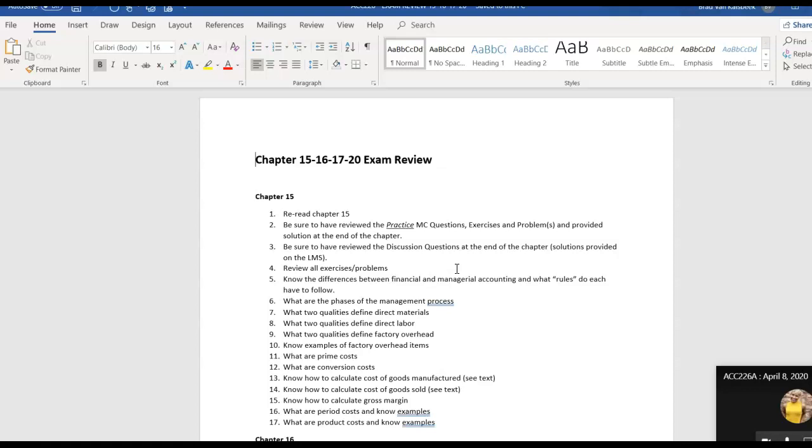You just have to be able to identify a direct materials cost, a direct labor cost, an overhead cost. Is it a product cost or a period cost? Is it direct or indirect? Before we move on, anybody, any questions over chapter 15?